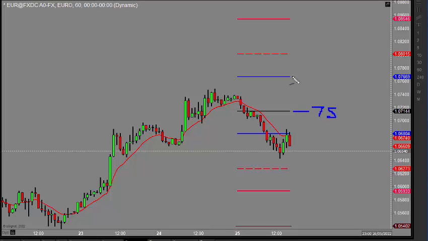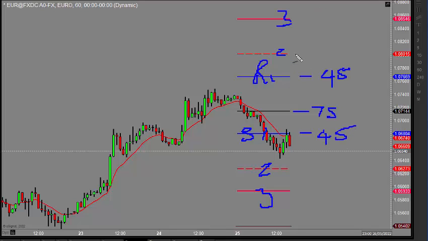The next thing to understand is the probability of the R1 or the S1 being hit. These are simply R1, R2, R3, and this is the S1, S2 and S3. The probability of the R1 or the S1 being hit is somewhere in the region of 45%.